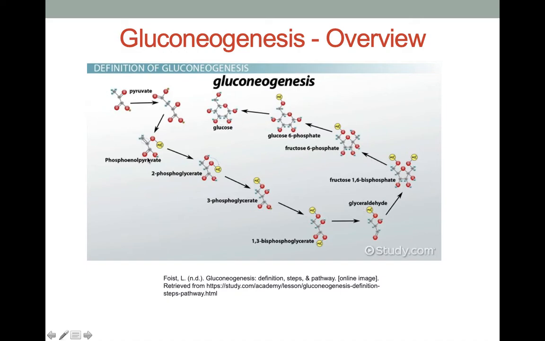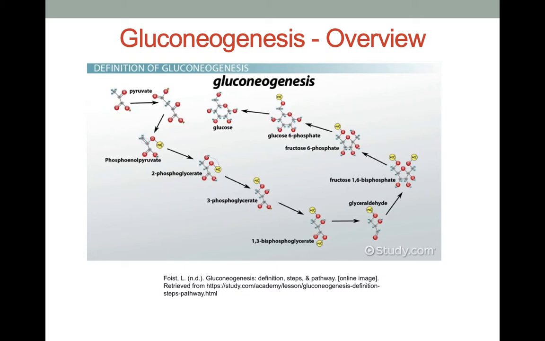Now, if we look at all these intermediates, they're very similar to what we just talked about with glycolysis. There are 1, 2, 3, 4, 5, 6, 7, 8, 9, 10 steps to get us here. So it's very similar to the reverse reactions of glycolysis.